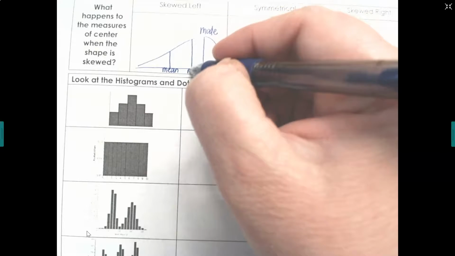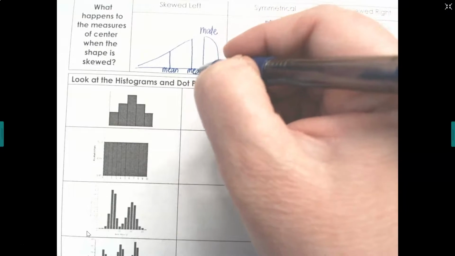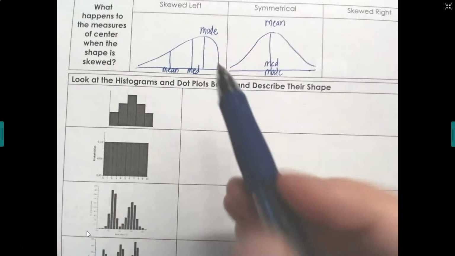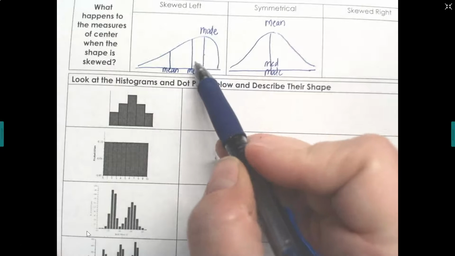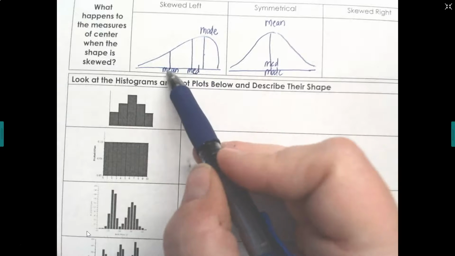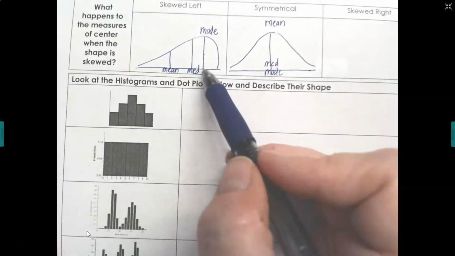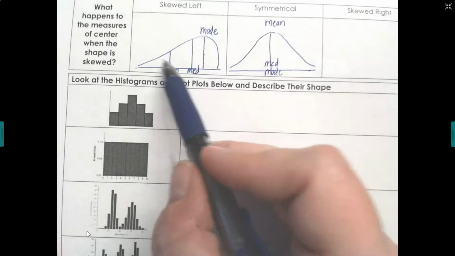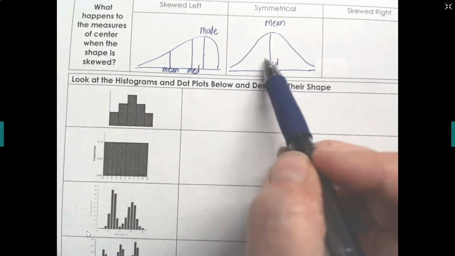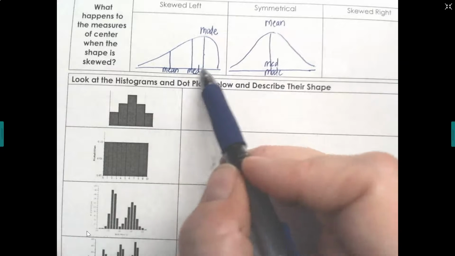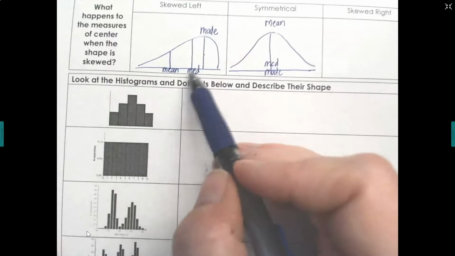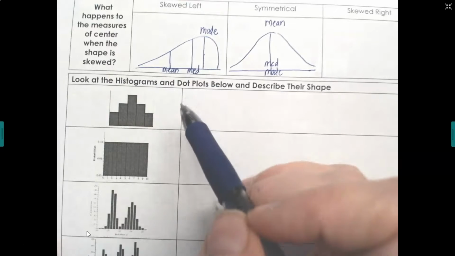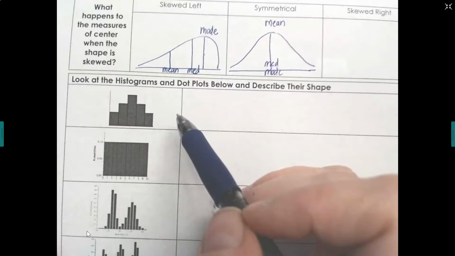The median always stays in the middle. So that's one way to remember it: the mode is the highest, the median's in the middle, but the mean gets pulled the furthest away from what was the middle originally. Something happened way out to the side and pulled that arm to the left and pulled the mean way left, the median left just a little bit.